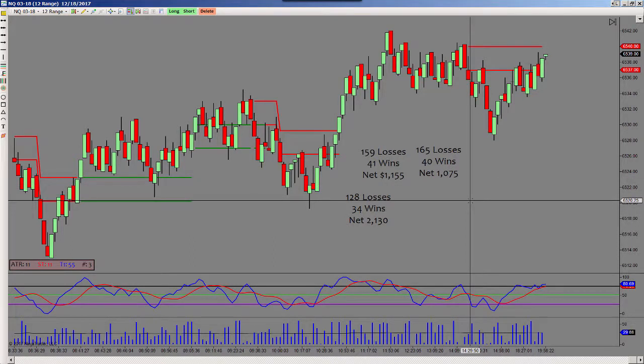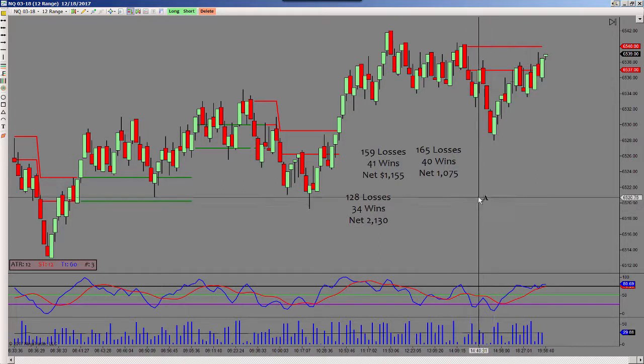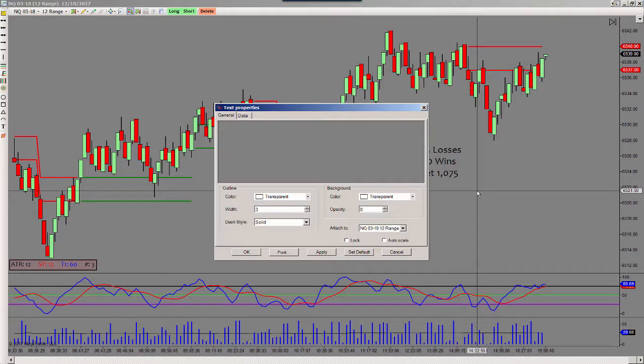Okay, so then the other thing I looked at, guys, I did the Euro USD on a 6 range using an 8 pip stop. So if you think about it, let's do some quick math here. I actually haven't done this math, so bear with me. I use an 8 pip stop and a 40 pip target. Over the same period of time, I had 27 losses and 9 wins. So let's do some quick math.